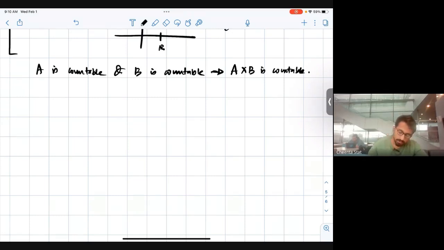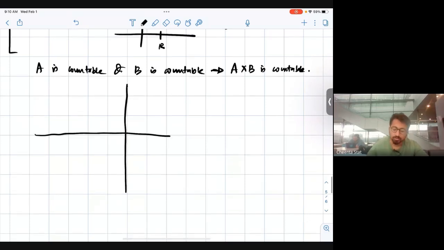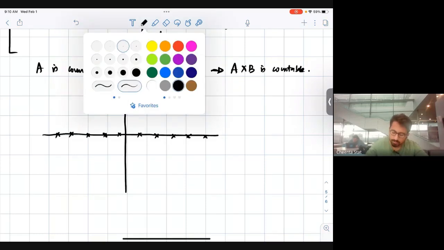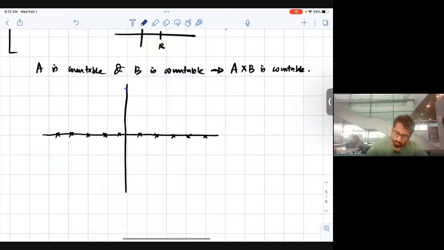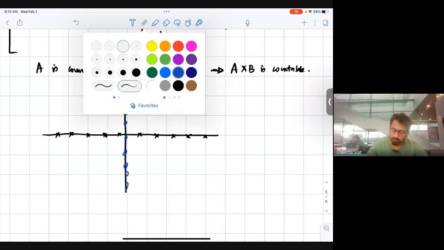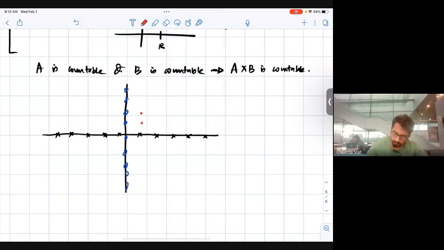Interesting, right? Essentially, the basic idea is this: if A is countable, that means you can count the elements like here. A is countable, you can count it, and on the x-axis you can also count, and you're taking the cross product of these points.